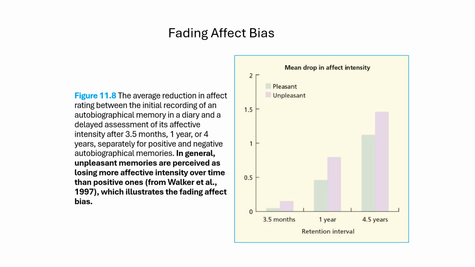So I have a graph there for you, and it's based on an experiment by Walker and colleagues in 1997. So basically what the graph shows is the average reduction in emotional rating between the initial recording of an event in autobiographical memory and a delayed assessment of emotional intensity. So they had participants record the events and describe on a scale from 1 to 9 how intense the pleasant or unpleasant emotions associated with each event were.